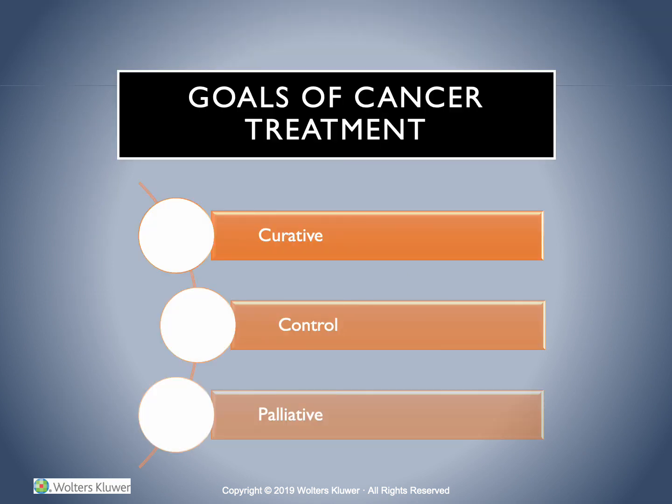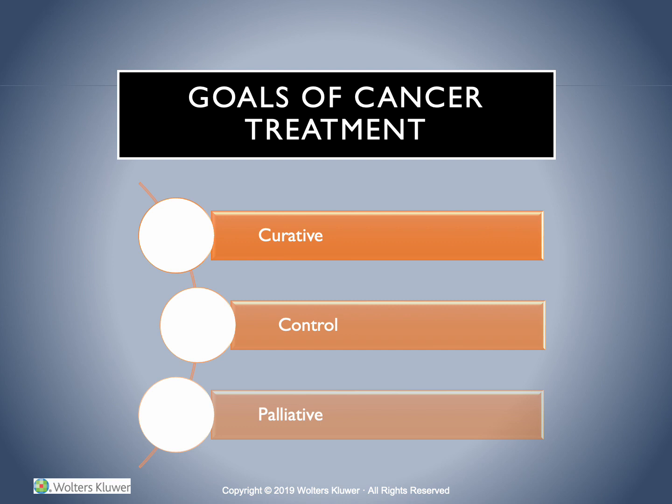The goal of cancer treatment can vary depending on several factors: the stage of a patient's cancer, what is that patient's overall health, and what are their treatment preferences. When you think about the general categories of the goal of cancer treatment, you think curative, which is to achieve a complete cure, eliminating the cancer from the patient's body and preventing its reoccurrence.